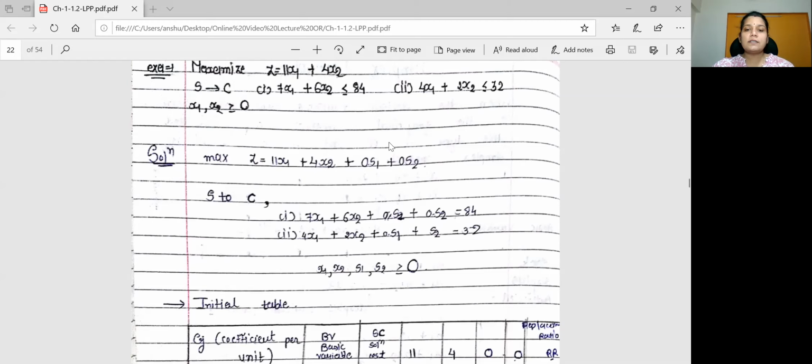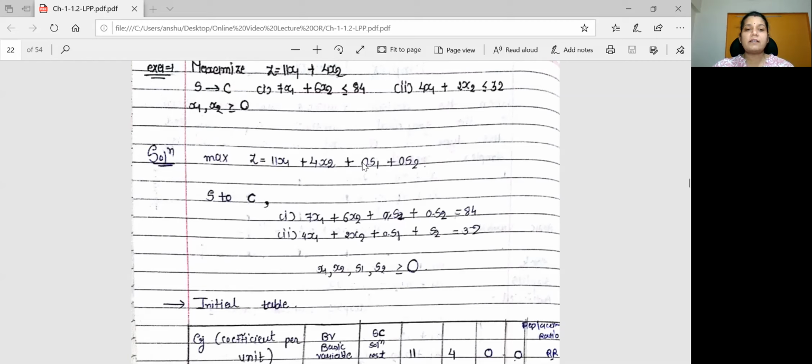In our equations we use two slack variables, s1 and s2. Every time we use a different slack variable, just like s1, s2, s3, s4. We can't use only s1 or only s2, so we use two slack variables s1 and s2.